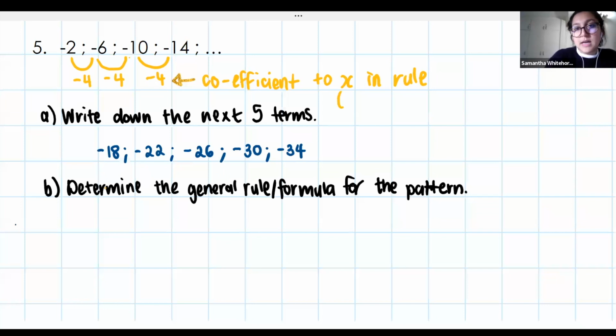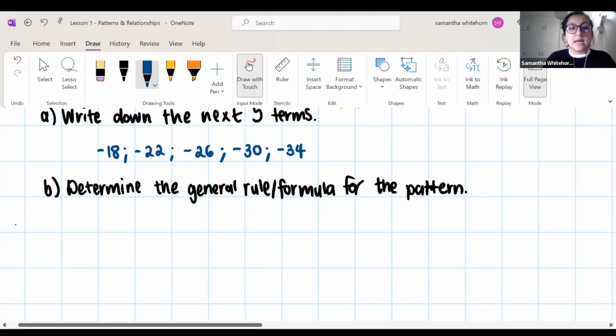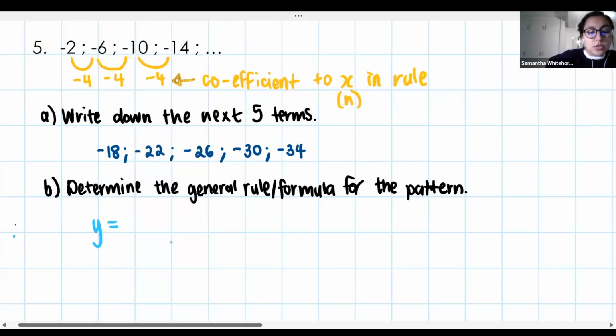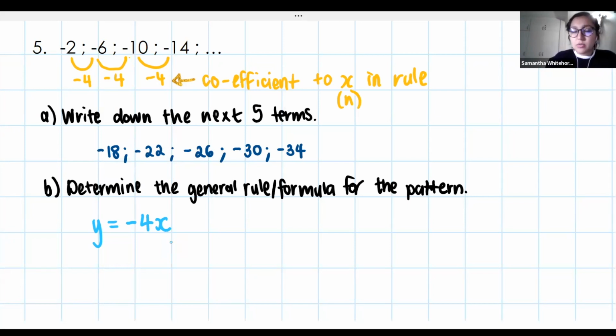If you're not using x and you're using n, it's the coefficient to n in our rule. Really doesn't matter. So automatically, I now know the first term is going to be y is equal to -4x. Because remember, we're subtracting 4 each time. That is the coefficient. Now that isn't my whole rule. Like I've said, I still need to do a bit more.